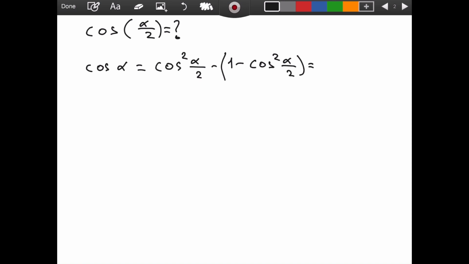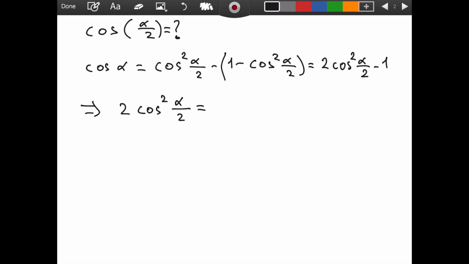Which is, if we distribute the parentheses and add up the terms, 2 cosine squared of alpha over 2 minus 1. And again, we see that we are able to solve for cosine of alpha over 2. And let's do that. We add 1 to both sides to get 2 cosine squared of alpha over 2 is equal to, I said squared alpha cosine sine a lot in this video.